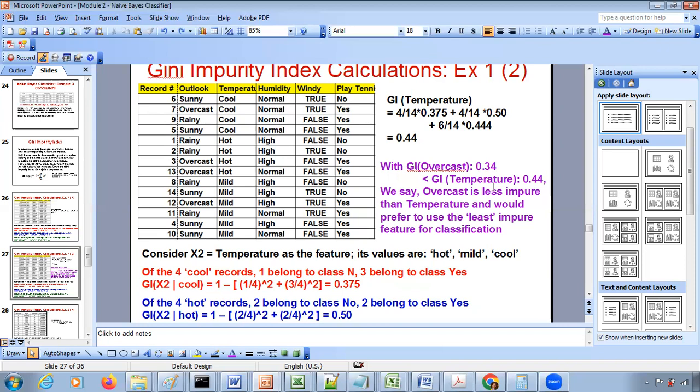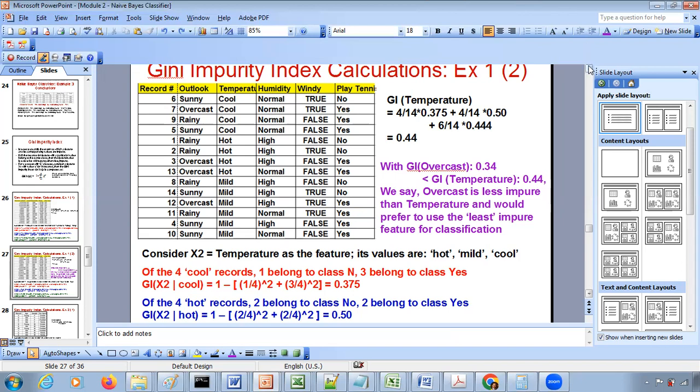Out of 4 records, you have 2 records belonging to one class, which is class no, and 2 records belonging to another class, class yes. That's the maximum impurity you can have. Whereas temperature with cool also has 4 records, where there's only 1 no and 3 yes. So the level of impurity here with temperature cool is less than the level of impurity in temperature hot.